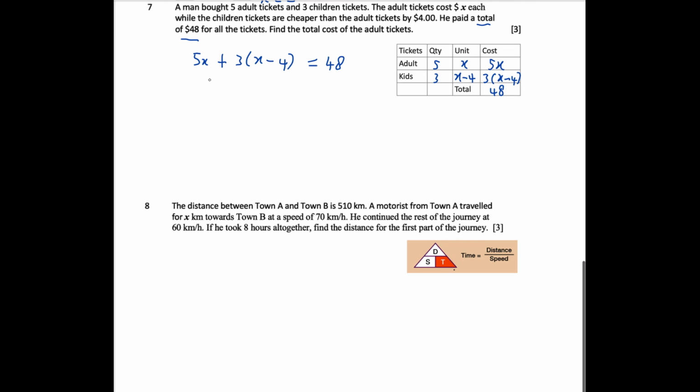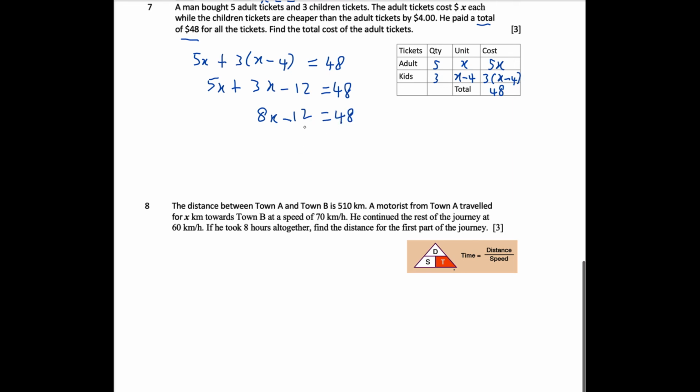And opening up the brackets, here we have 8x plus 12. Sorry, 8x minus 12 equals 48.